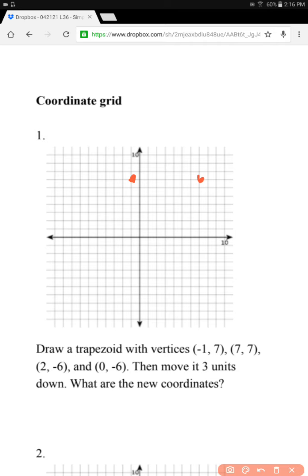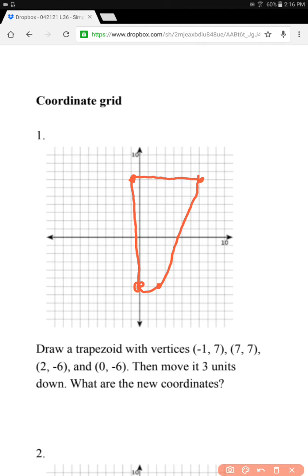Then 2, -6, 2, 3, 4, 5, 6, right here I think. Then 0, -6, right there. So this is our trapezoid. That's a really bad drawing. Sorry about that.